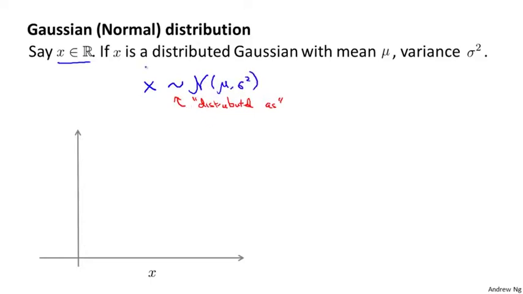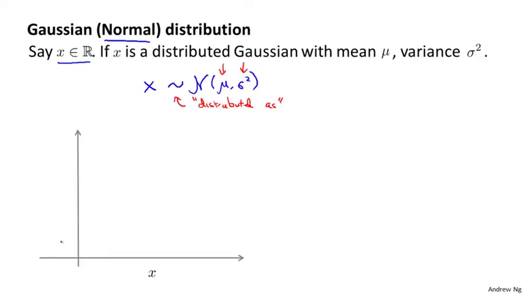So this script N stands for normal, since Gaussian and normal distribution mean the same thing, so they're synonyms. And a Gaussian distribution is parameterized by two parameters, a mean parameter, which we denote mu, and a variance parameter, which we denote sigma squared.